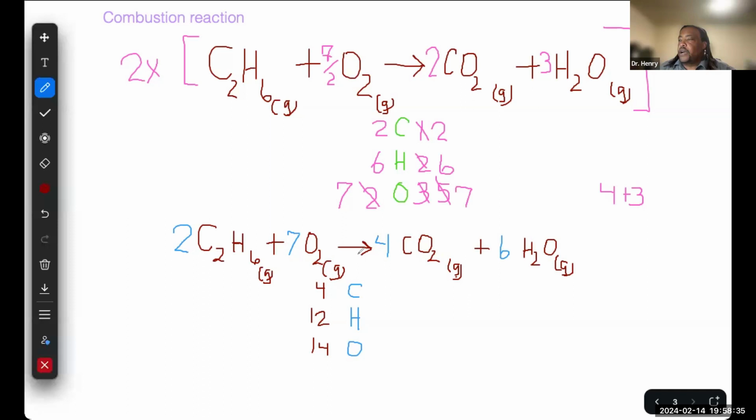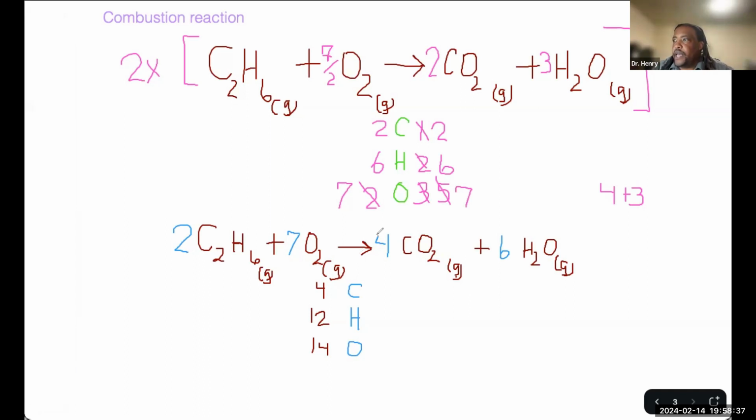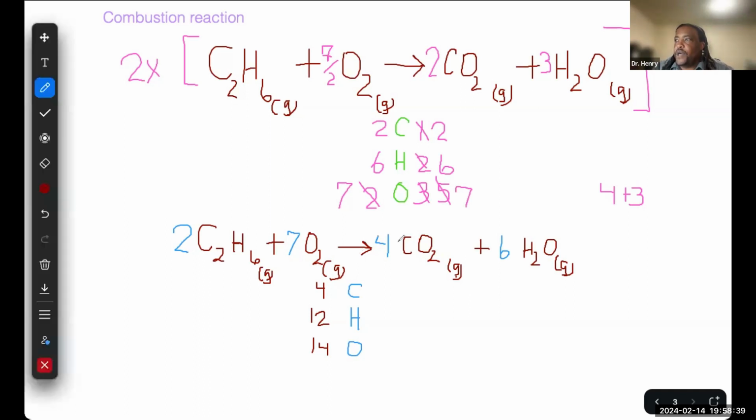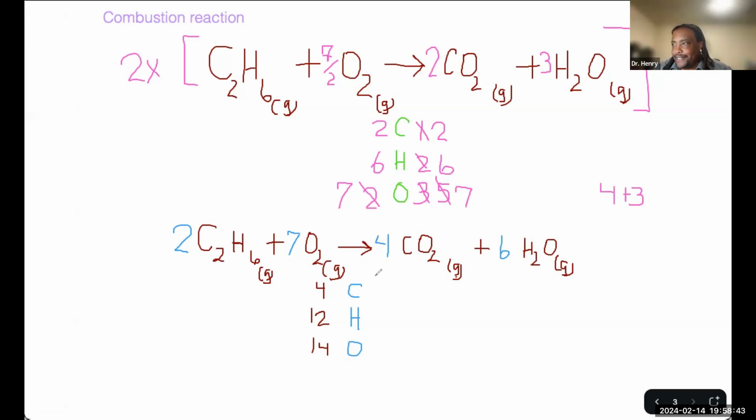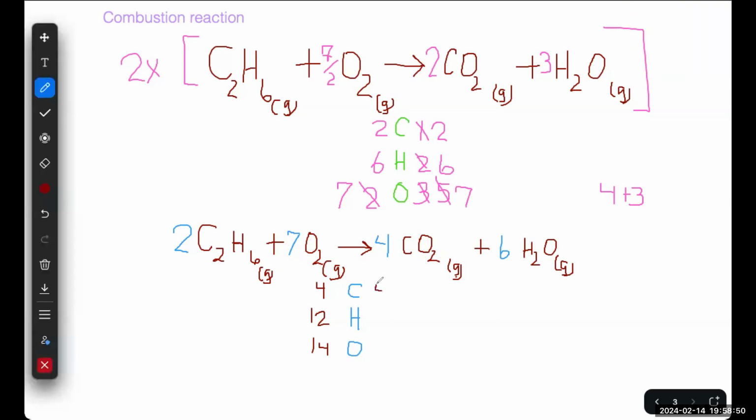And then on our product side, we have 4 times 1, 4. Our oxygens, we have 4 times 2 is 8, plus 6, 6.